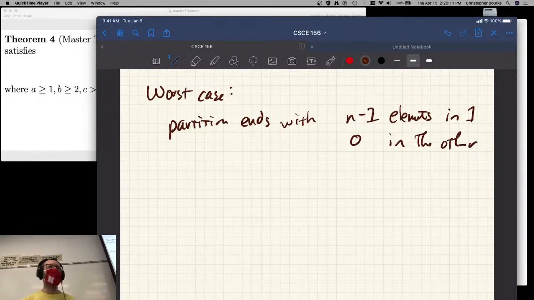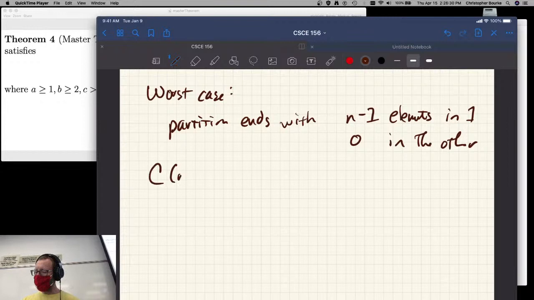In that case, do we really need to make 2 recursive calls? Nope. Why would you make a recursive call? I mean, you could, but then you're not doing any work once you get there. Oh, thank you for this empty array. I'm not doing anything, return, right? So we're only making 1 recursive call.